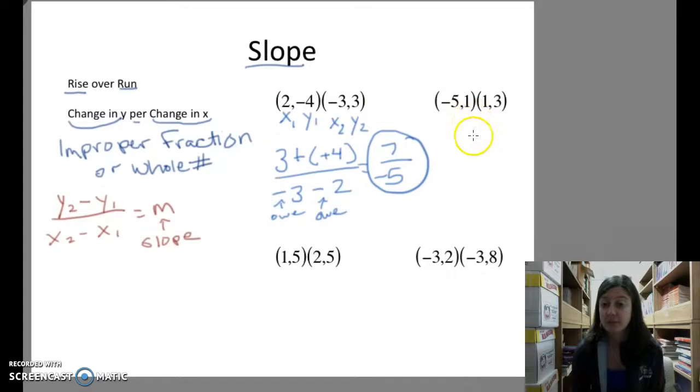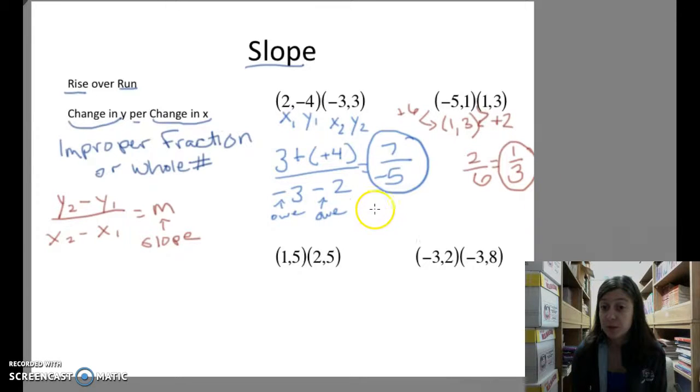Okay, now this one, I'm going to do a different way. I'm going to put these right on top of each other. The y's go up by 2. The x's, negative 5 to 1, goes up by 6. Simplify that fraction, 1/3. Done.